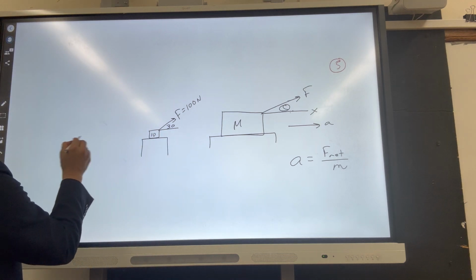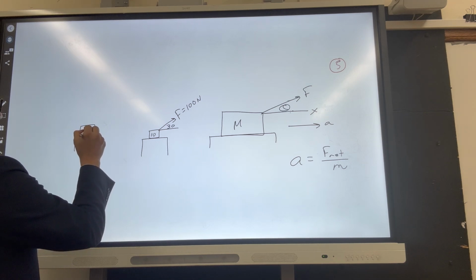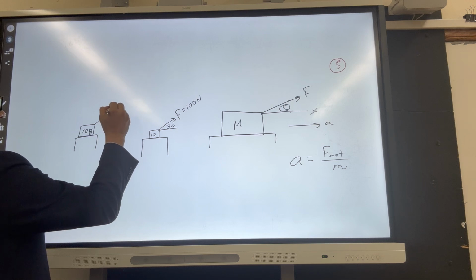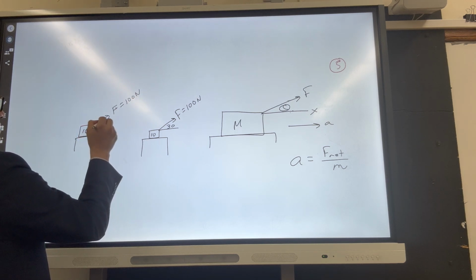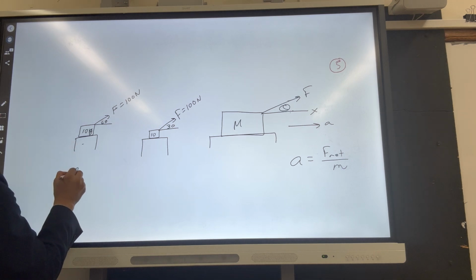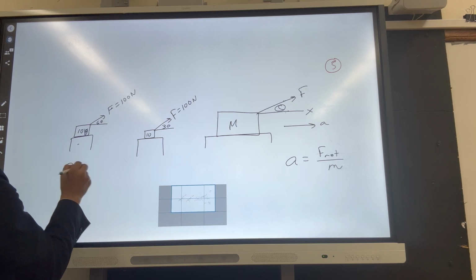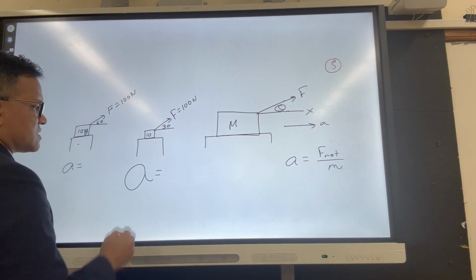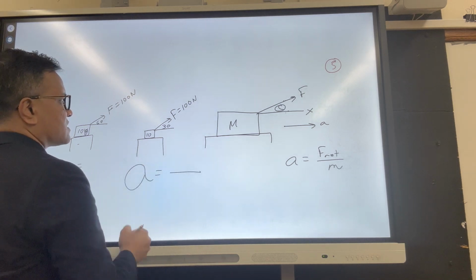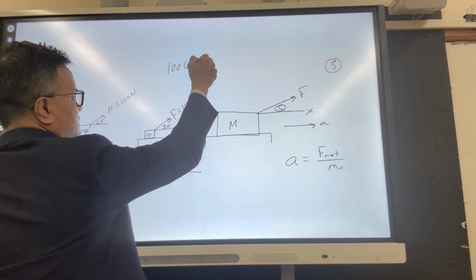And scenario two, the box is also 10 kilogram, and F is 100 Newton. However, this angle is 60. So this acceleration would be smaller, while this acceleration would be bigger. Why is that? Because this net force would be bigger.